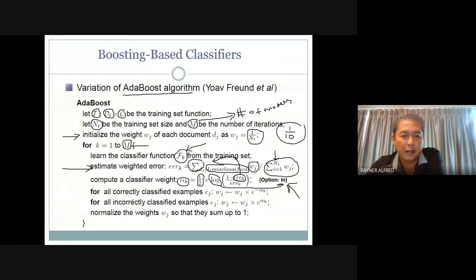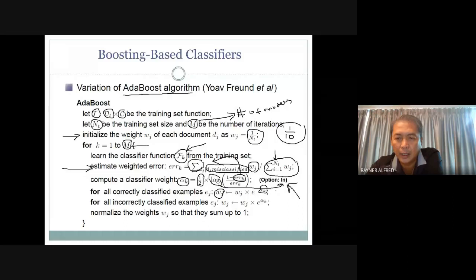Based on this formula, for all correctly classified examples, we want to update the weightage by multiplying with the exponential of minus alpha k, which is the weight of the classifier.